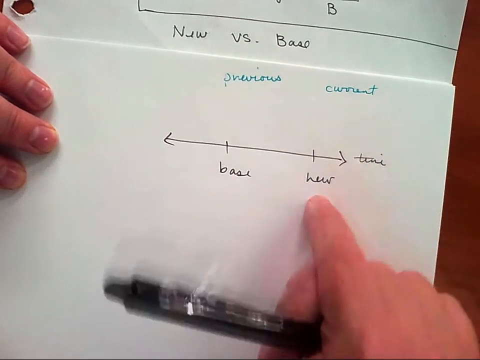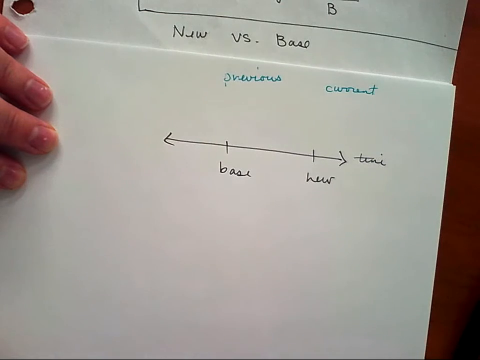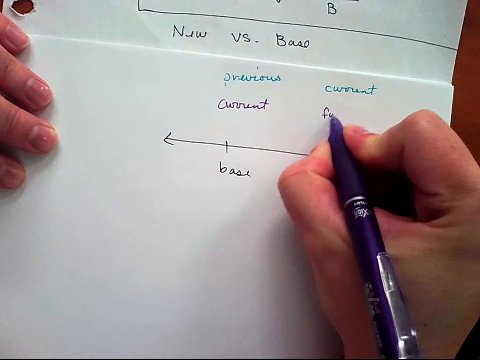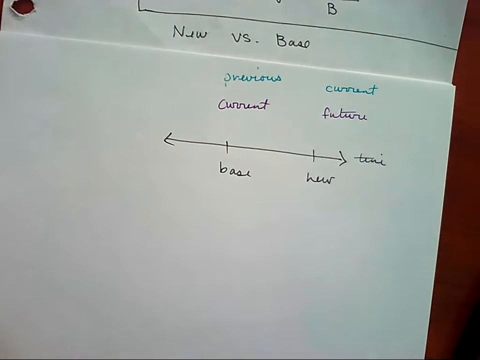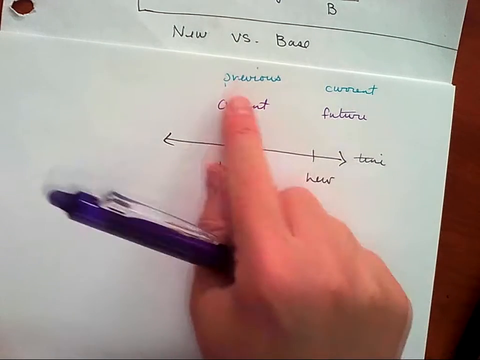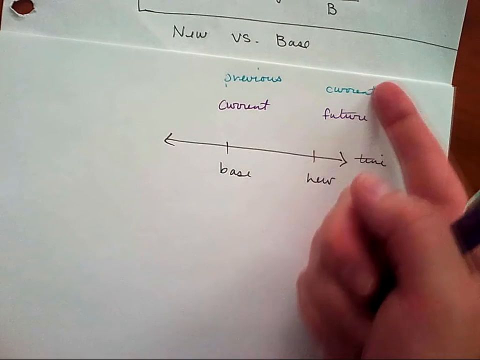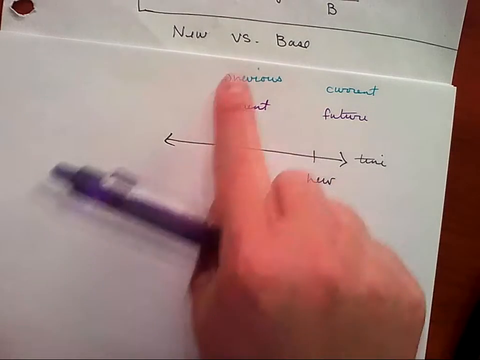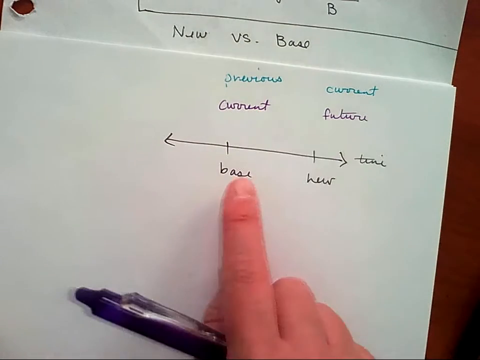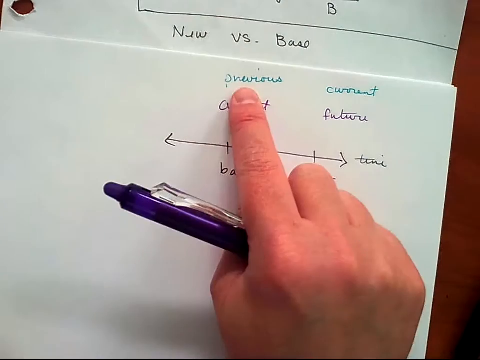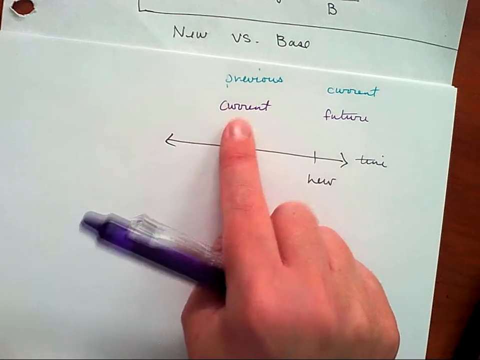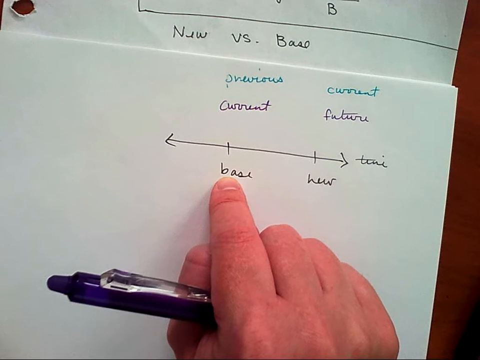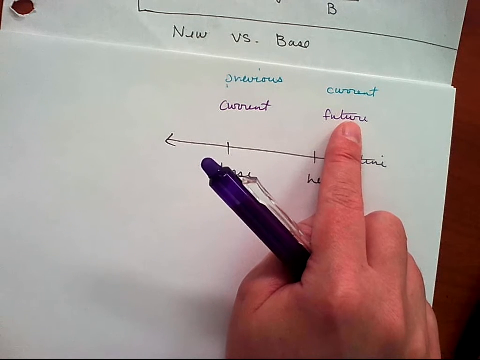Your previous would be your base, and your current would be your new. Here we have current, and here we have future. So in your word problem, you have to distinguish between what's your new amount and what's your base amount. I think that's people's biggest problem, saying what's new and what's base. Your previous is the older, this is the newer. If you had a question like current value, future value, your current would be your older amount, and your future would be your latest amount.